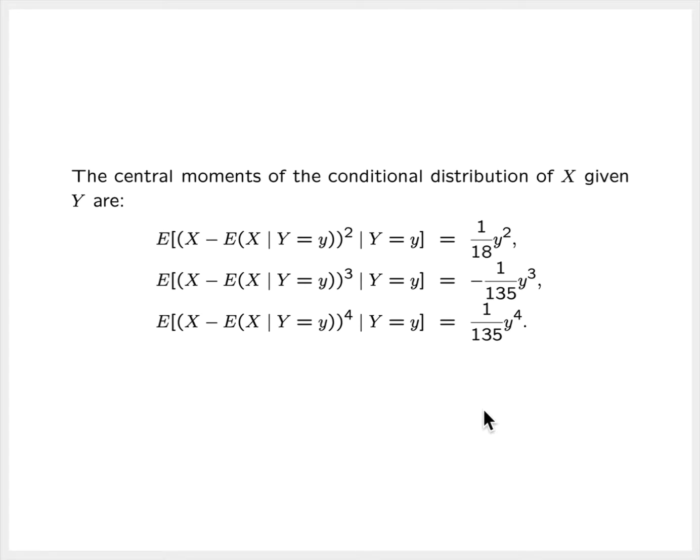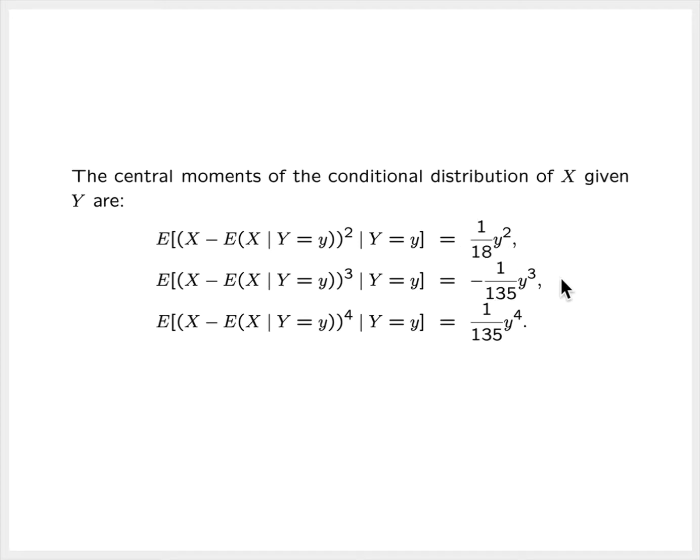And so using the expansion formulas, we get the formulas for the conditional central moments of x given y. The second central moment for the conditional distribution of x given y is equal to 1 over 18 times y squared. And so that's the variance of the conditional distribution of x given y.